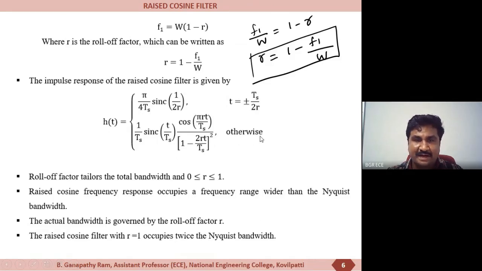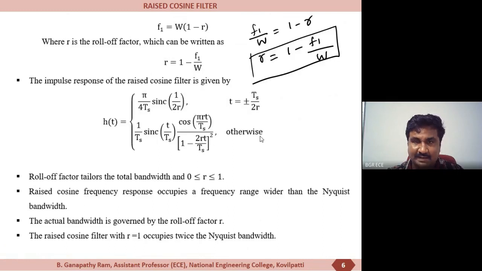So the roll-off factor is bounded between 0 to 1 for the entire bandwidth. The raised cosine frequency response occupies a frequency range which is wider than the Nyquist bandwidth, and the actual bandwidth of this filter is determined by choosing a proper value of roll-off factor R.